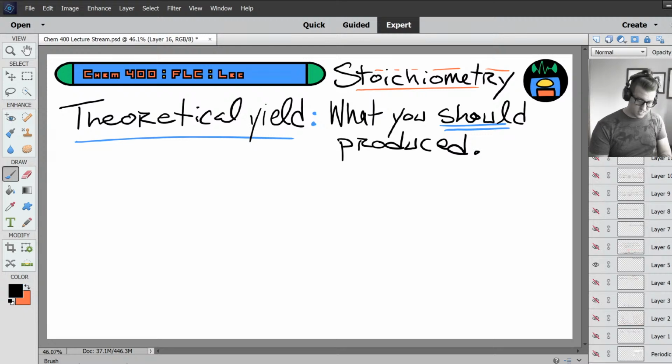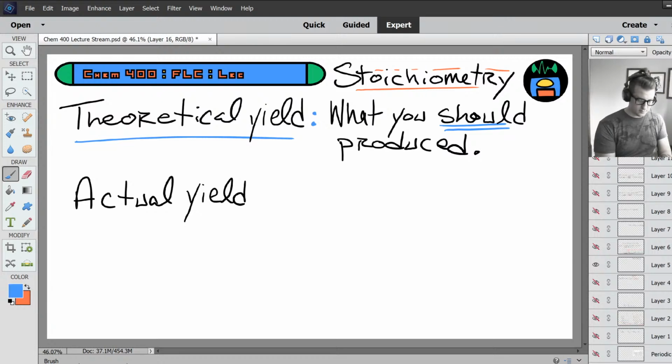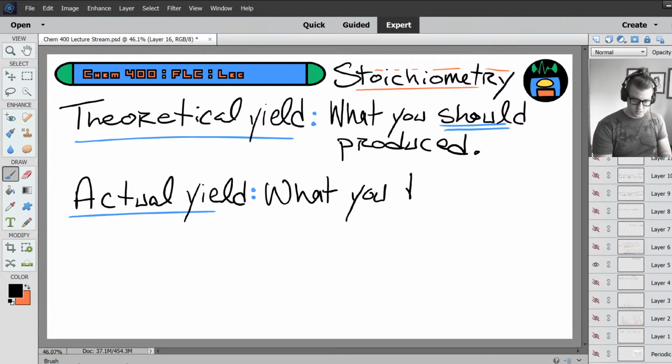The actual yield is what you do produce. What you should produce is your theoretical. What you do produce is your actual.